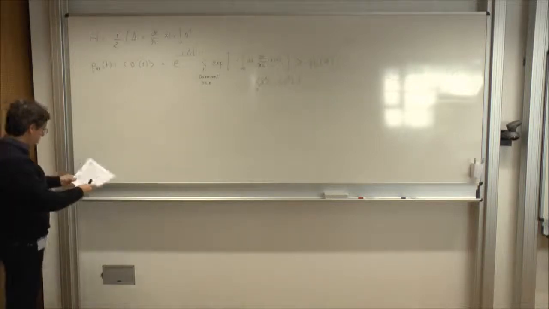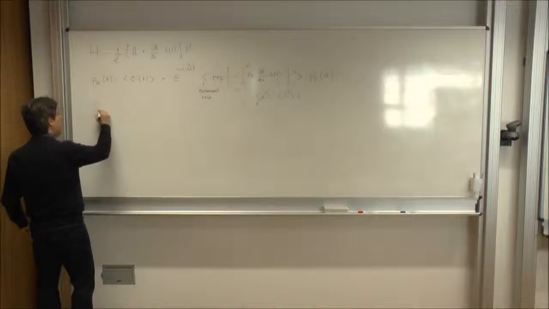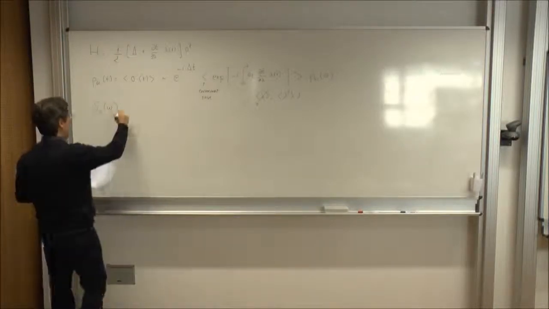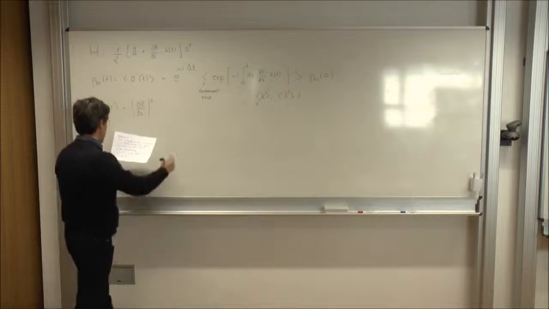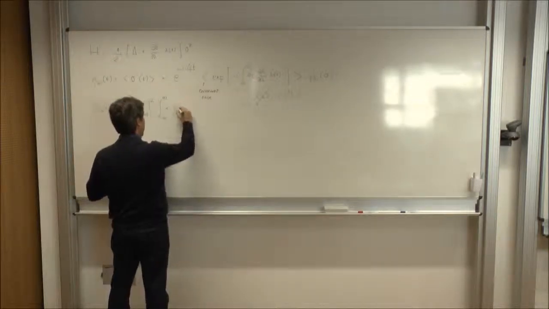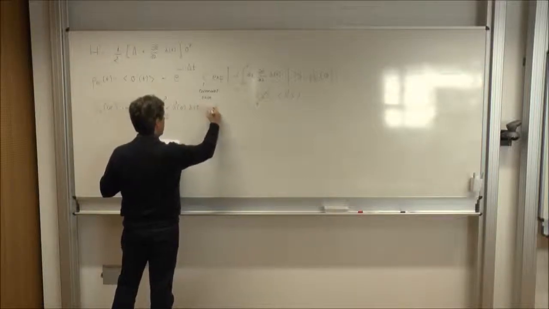So you would have a power spectrum associated to this operator, which would be this guy, the expectation value of lambda at time 0 times lambda at time tau.